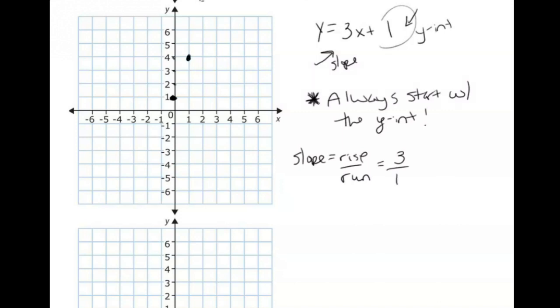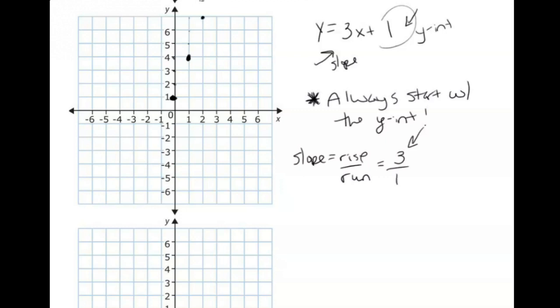Why am I running to the right? Because this number is positive. If one of those numbers was negative, or there was a negative out front, we would run left. Okay? And then the cool thing with these functions is you can keep doing this point after point. So I've generated a new point. I could go again. The rate of change between this point and the next is up 3, 1, 2, 3, and over 1.